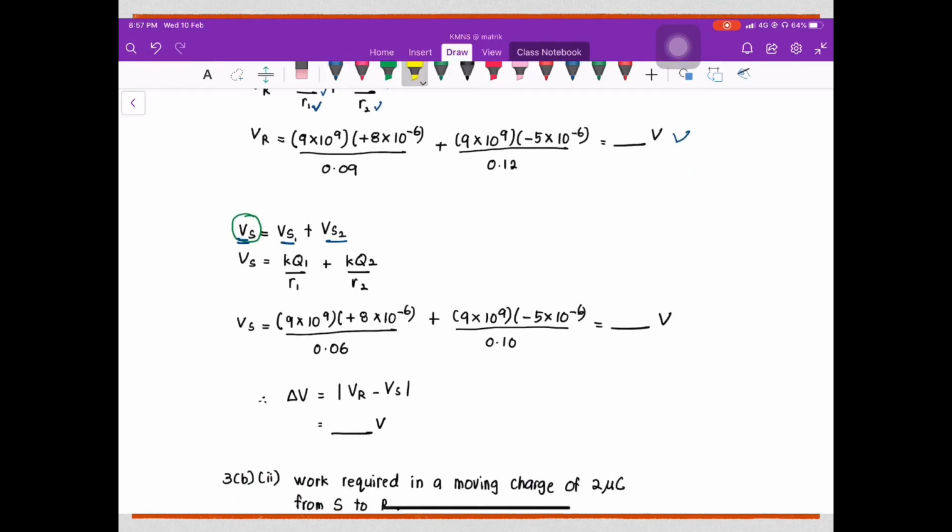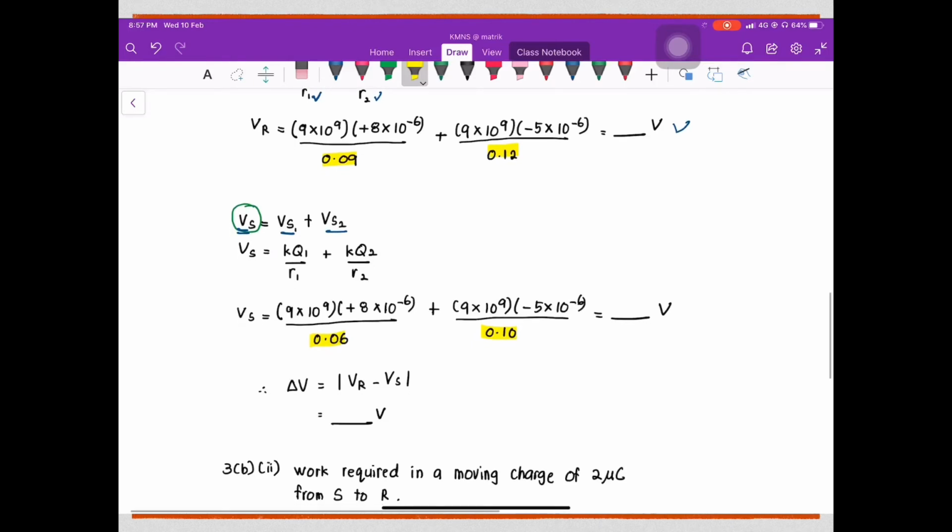And then be careful here, distance from point S, distance from point R. Okay, last part. Okay, delta V equals VR minus VS. So determine your answer in volts.